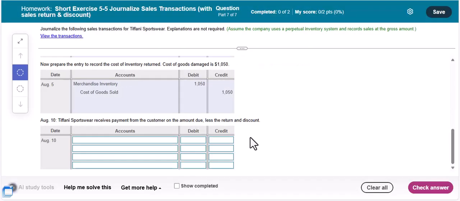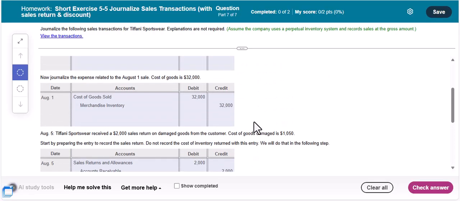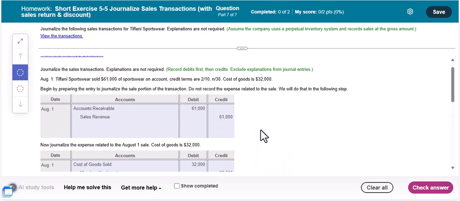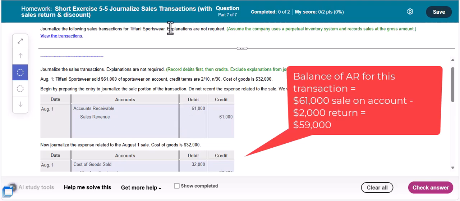Okay, so now on August 10th, Tiffany Square receives payment from the customer on the amount due, less the return and the discount. So here's the way I like to logic our way through this transaction here. So let's find out how much the customer owes us. So at the beginning of the problem, the customer originally owed us $61,000.